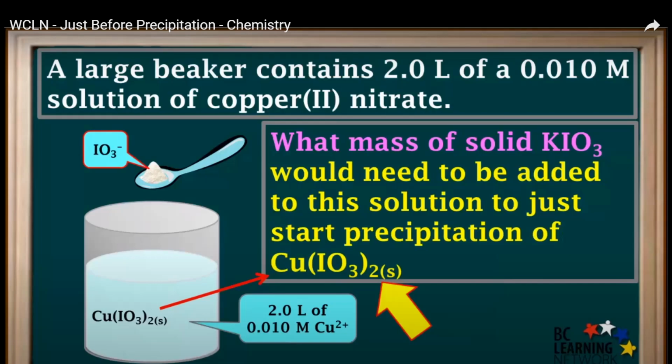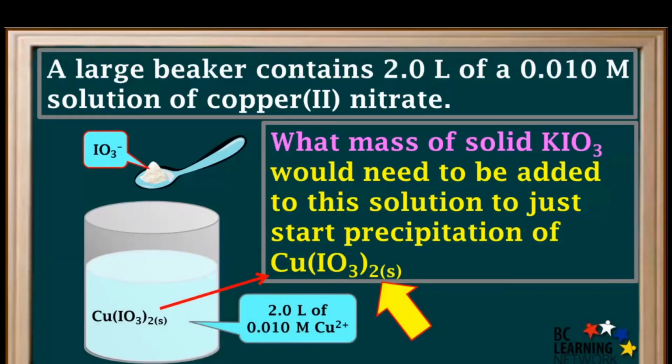No, it doesn't, but you are asked what mass of solid IO3 minus would be needed to just start precipitation of copper iodate solid. So that tells us that copper iodate will be the one that we're concerned about. Yes? Since we know that the precipitate would be copper-2 iodate, or CuIO3, we can now add that to our question.